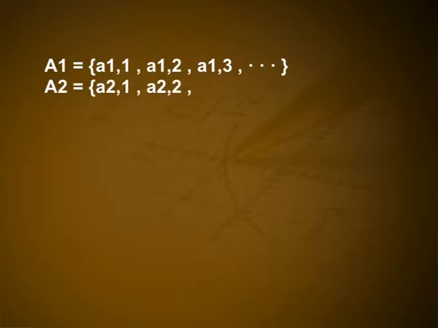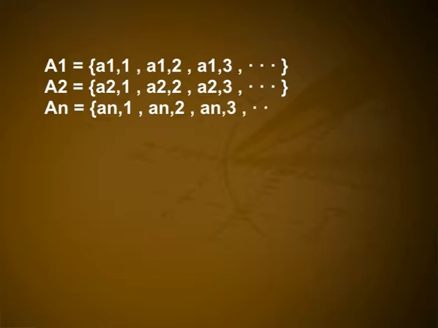A countable union of countable sets is a countable set. Now, let A1, A2, A3, etc. be countably many countable sets. Then, their union will be a countable set. These sets can be assumed respectively as A1 equals the set {A11, A12, A13, etc.}, A2 equals the set {A21, A22, A23, etc.}, An equals the set {An1, An2, An3, etc.} and so on.